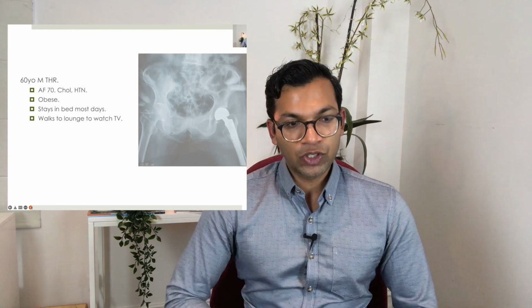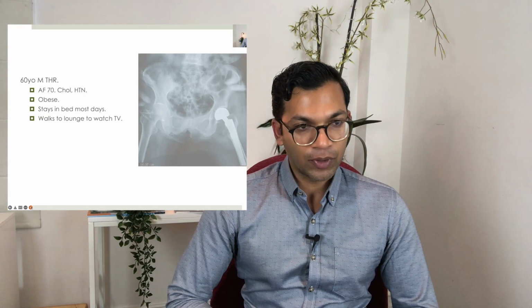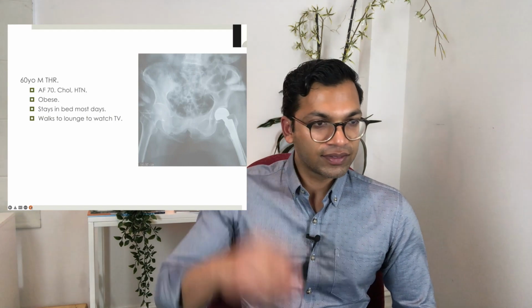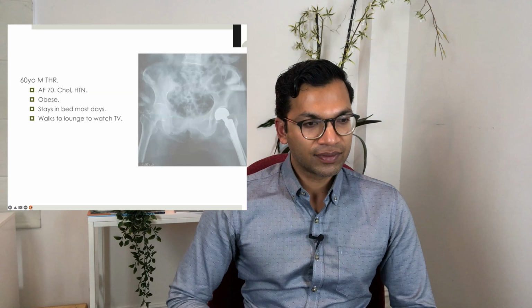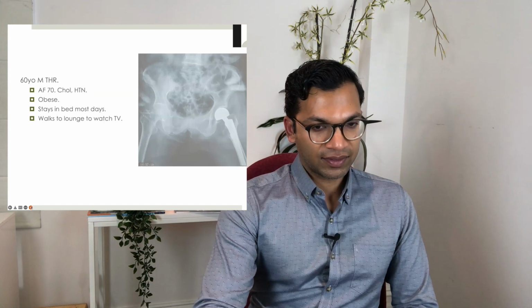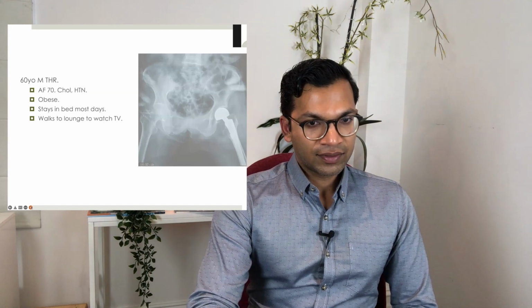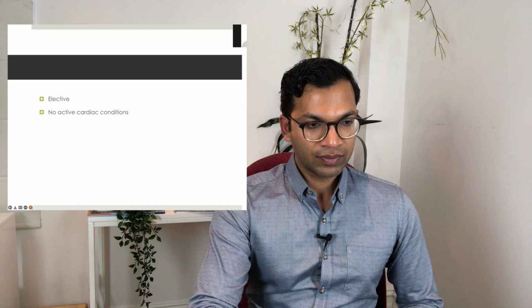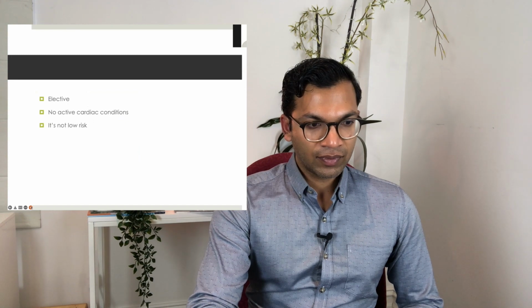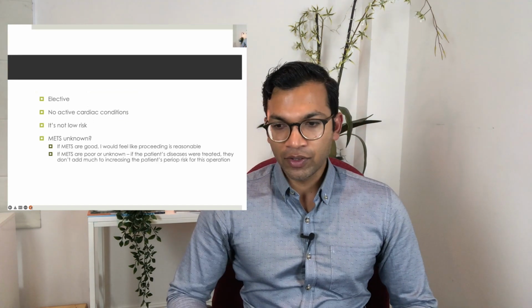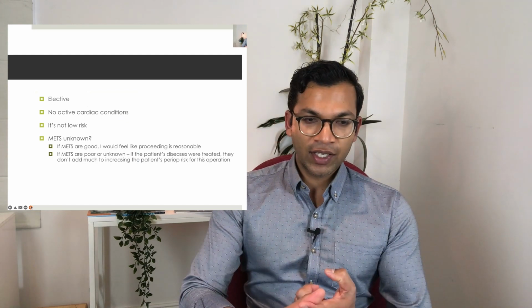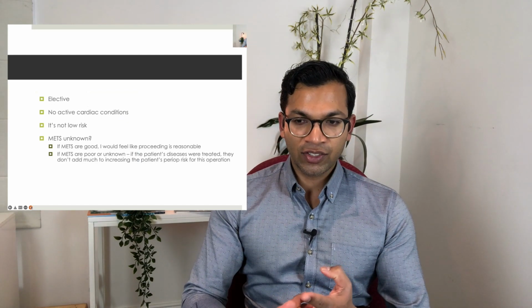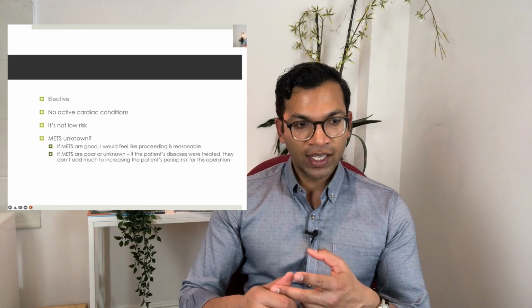What information would you like to check whether they can do more than 4 METS? In the first place, I want to know if he's active and physically fit enough, but with him staying in his bed most days and just watching TV all day, I don't really think he meets the criteria there. Yeah, good. And that's something you can explore. So, it's elective surgery. There are no active cardiac conditions when you ask questions on history. It's not low risk.